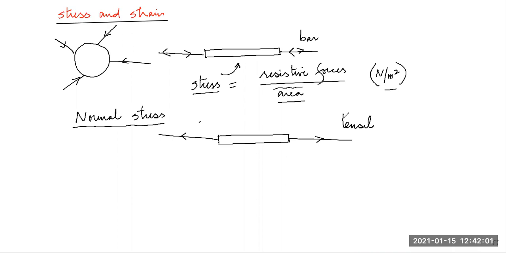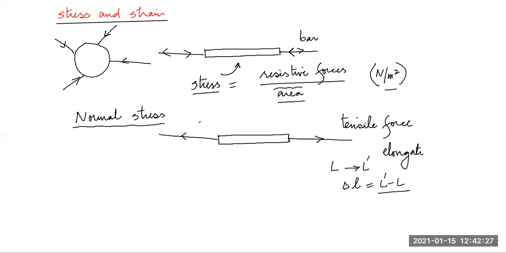Tensile force is a force which tries to elongate a body, means which tries to change the original length L to L dash, where delta L, that is change in length, is equal to L dash minus L.